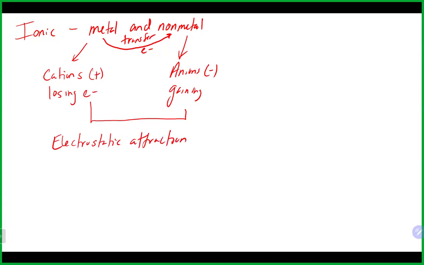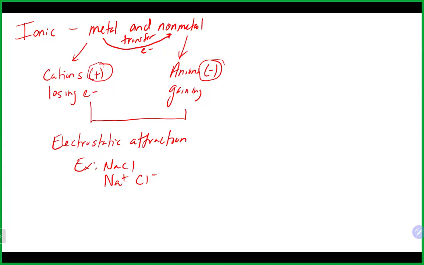And that is the positive and negative charge between the two ions. So what holds that together is this positive charge attracted to the negative charge. Again, no sharing of electrons. Something like NaCl, sodium chloride, is an example of that. The sodium there is a positively charged ion. The chloride is a negatively charged ion.